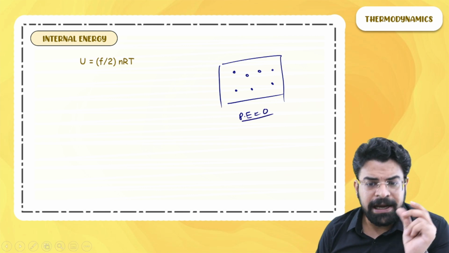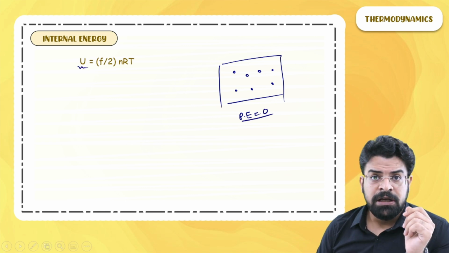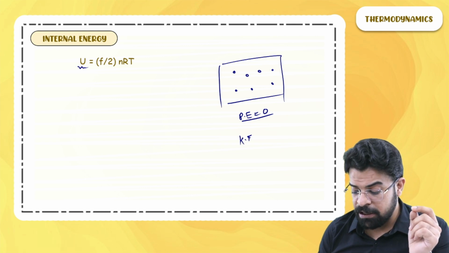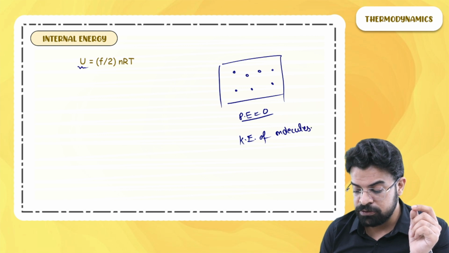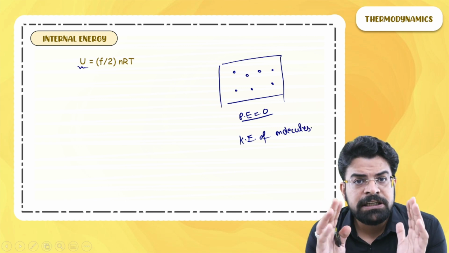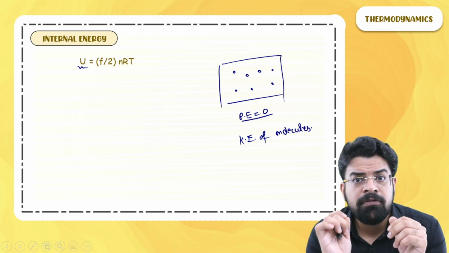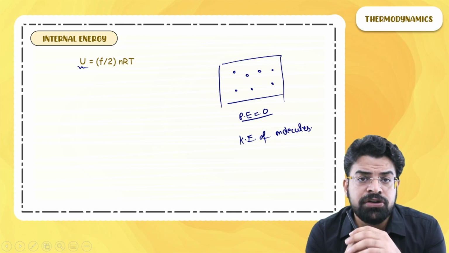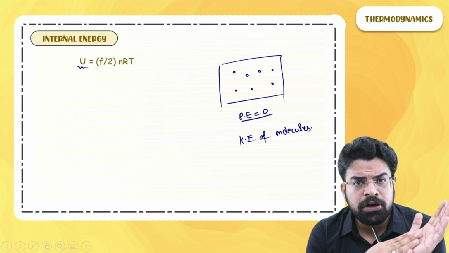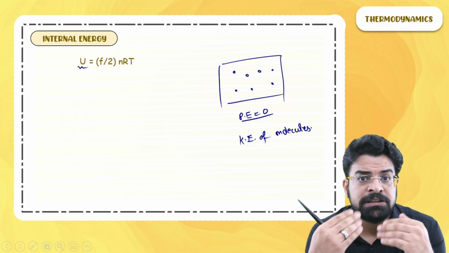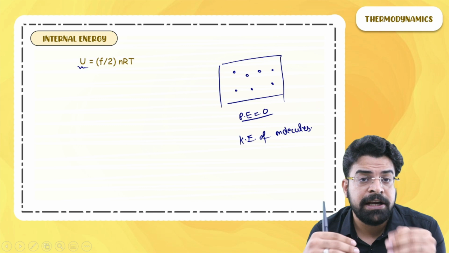So what we write as the internal energy is nothing but kinetic energy of molecules. It can be both translational as well as rotational. For monoatomic molecules, we have only translational kinetic energy. For diatomic and polyatomic molecules, we get both translational as well as rotational kinetic energy.